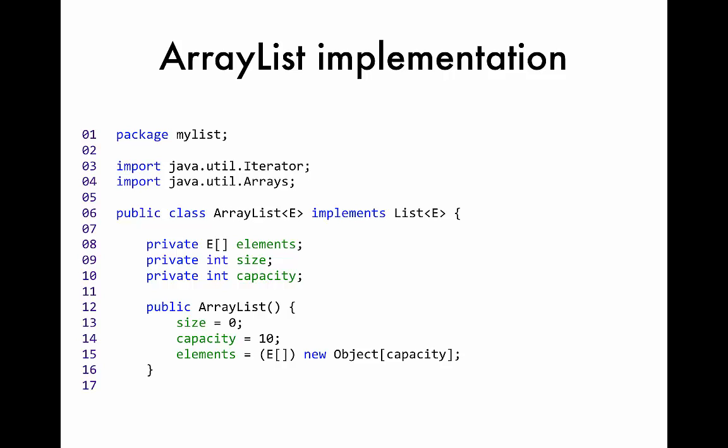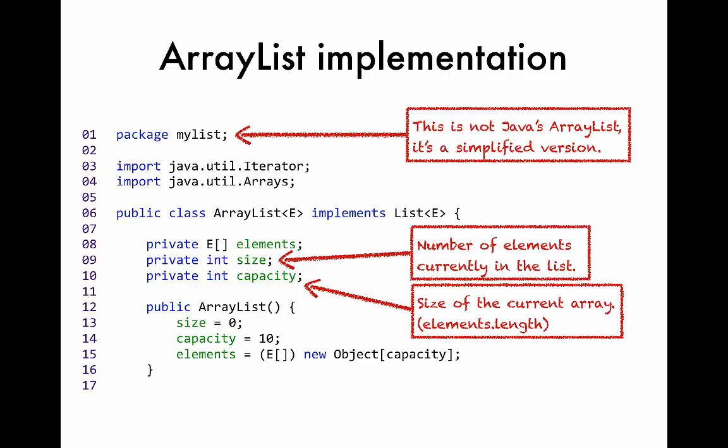Java won't let you declare an array with a type parameter. That's because E is not a real type, it's just kind of a placeholder for a type. In any case, the code here will have the desired effect. We will create an array of type E with a length of 10. And here are a few notes about the code that you can review. There's nothing here that we haven't already mentioned.